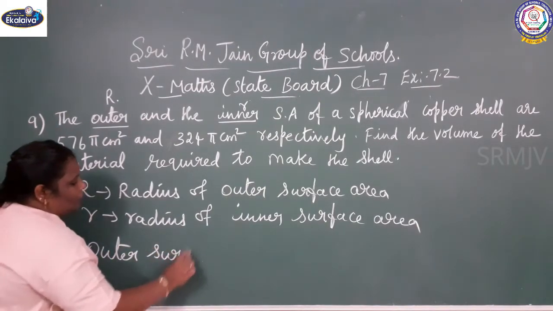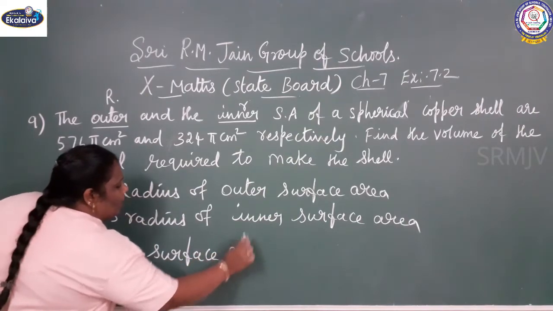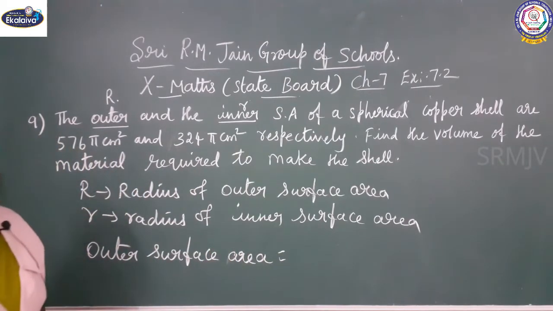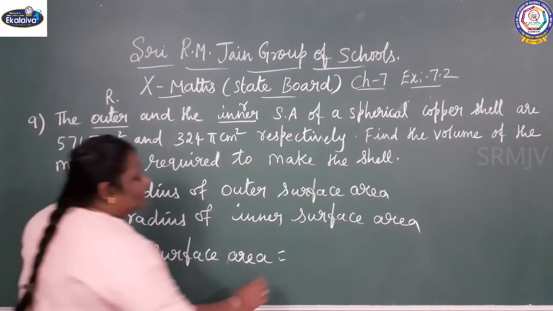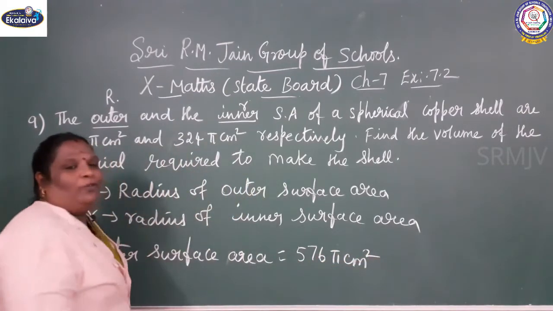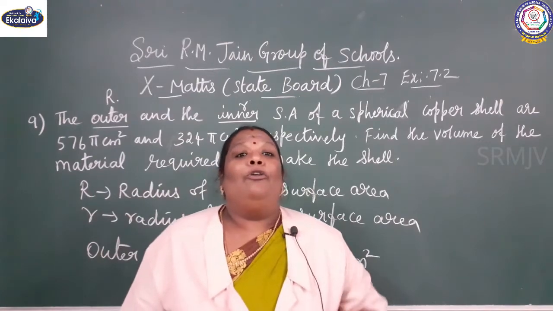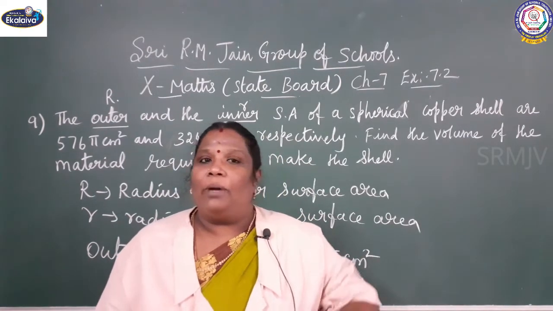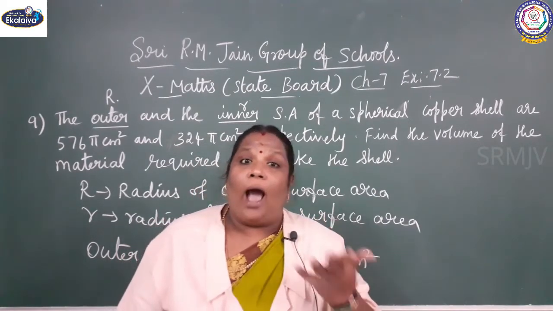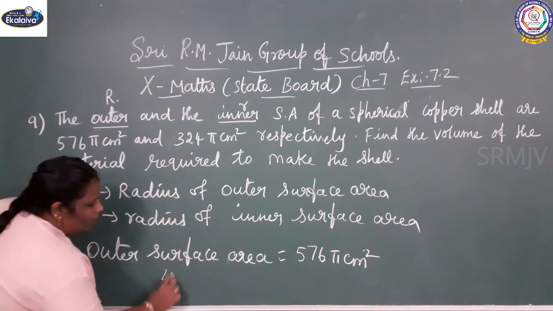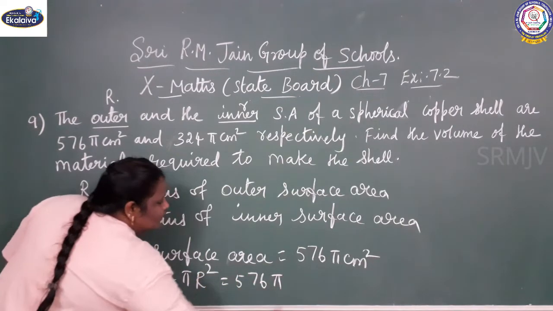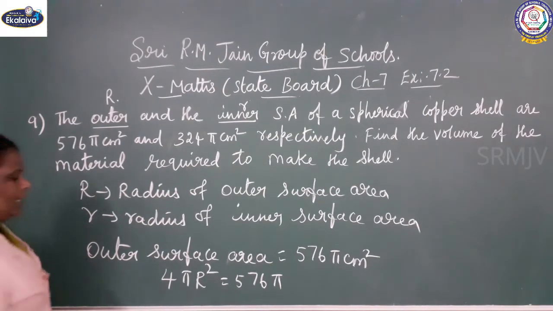What is the formula for the surface area of the sphere? 4 pi r square. But here, for the outer, we mention it as capital R. 4 pi R square equal to 576 pi centimeter square.